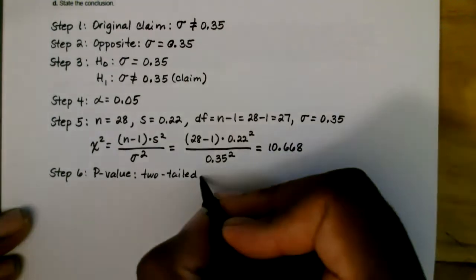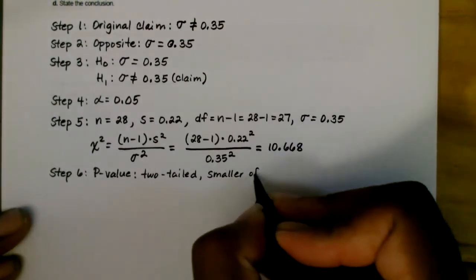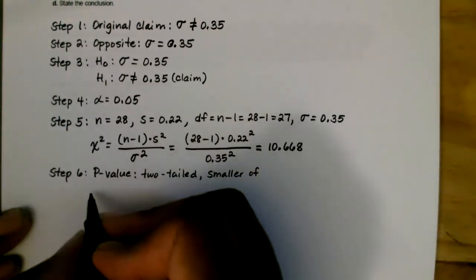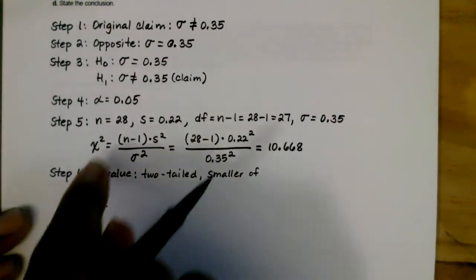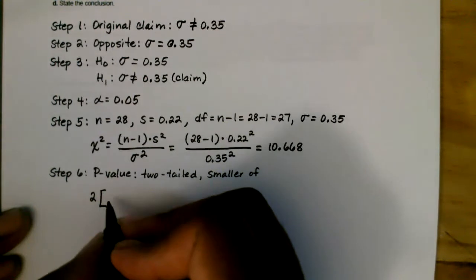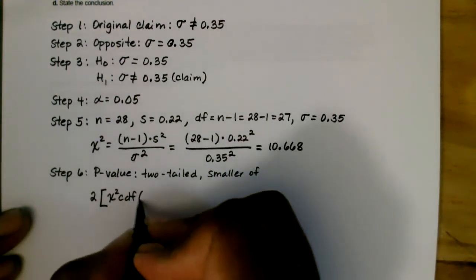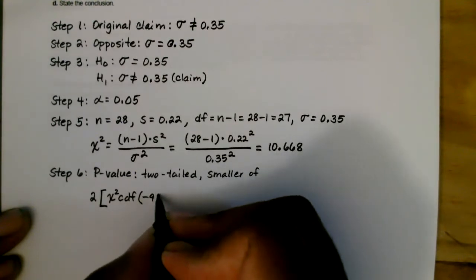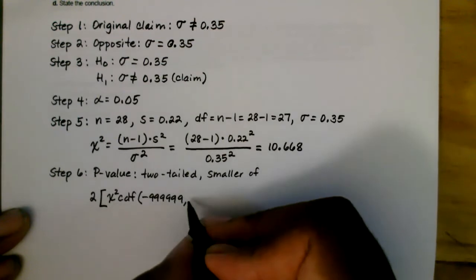So in other words, we got to take the smaller of this 2 times, and the 2 is for the fact that it's a two-tailed test. We have to do 2 times the value from the chi-square CDF, and then the lower will be negative with 6 nines, or as many nines as you want.